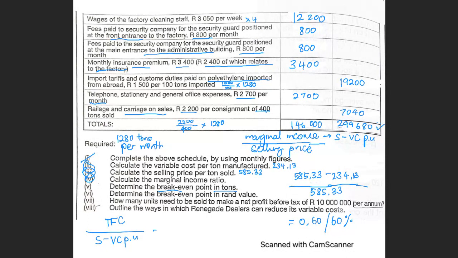So your total fixed cost we got from the top here, it was 146,000 Rand, and then it's divided by your selling price per unit, which we also again just calculated is 585.33.